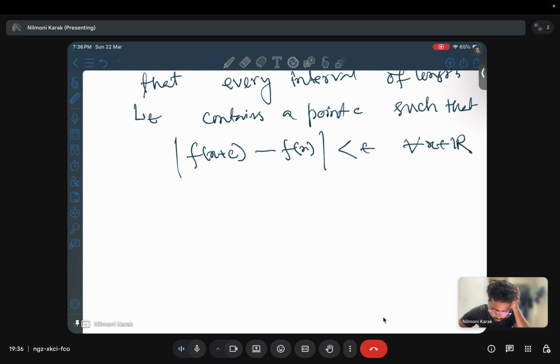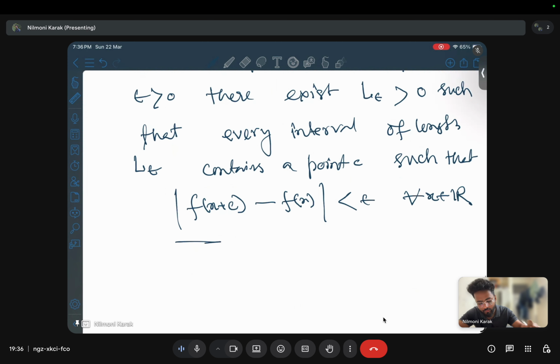So in particular for each epsilon greater than 0 there is an epsilon-approximate period C. So the almost periodic function is uniformly continuous.